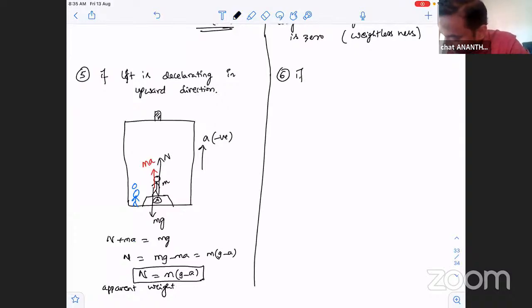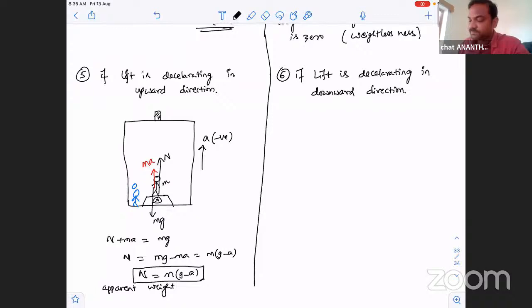What is the sixth case? If the lift is decelerating in the downward direction, then what is the apparent weight, or normal reaction acting, or reading of the weighing machine?